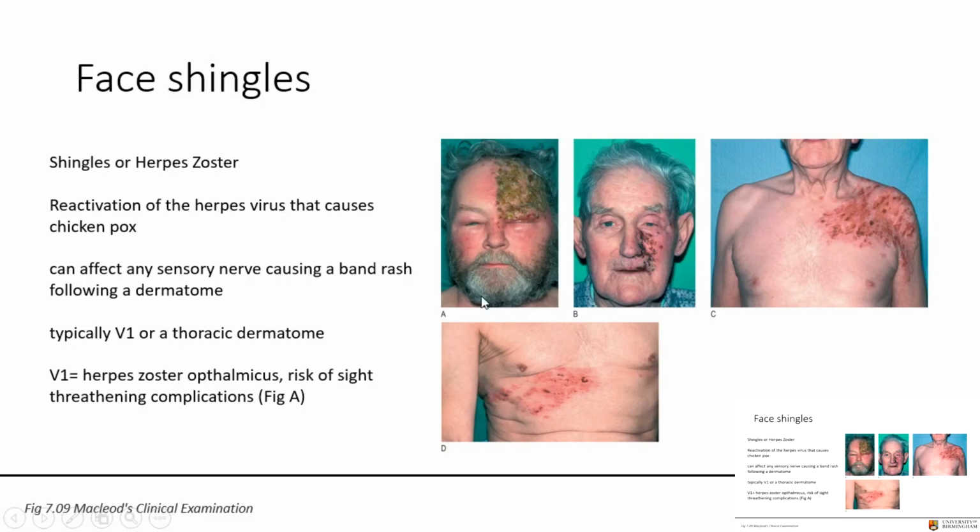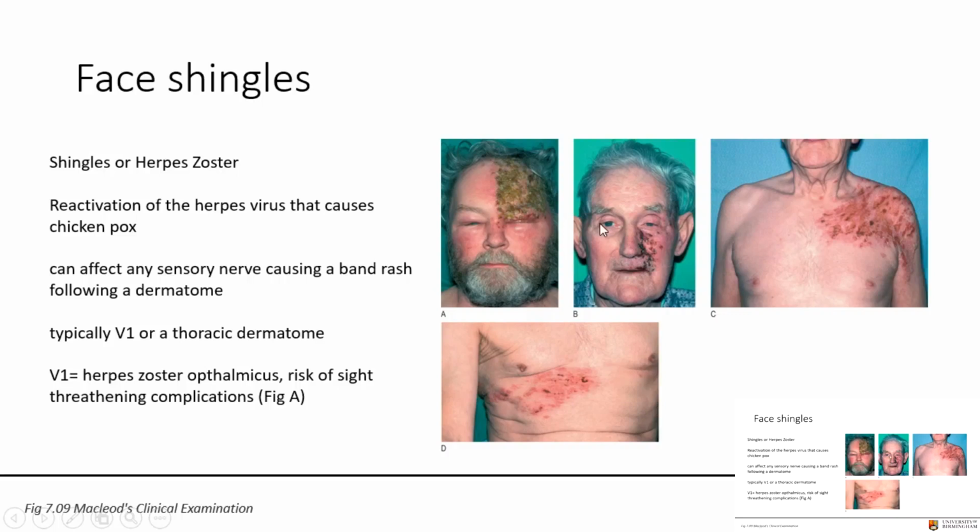Now, this one is another condition that will affect the trigeminal nerve, and this one is related to the herpes zoster. So here there is a reactivation of the herpes virus that causes chickenpox. It tends to happen and be more severe if you get it as an adult.